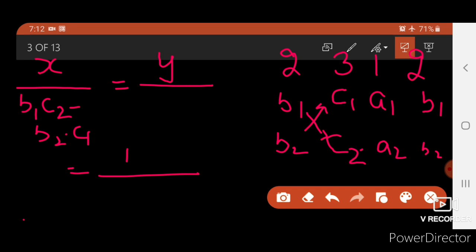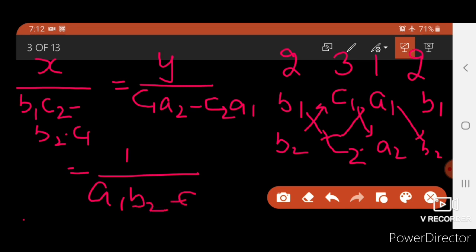Again 3 and 1: c1 multiplied by a2, c1 a2 minus c2 a1. Now third we get a1 b2 minus a2 b1. This is the general form of the solution of the cross multiplication method.